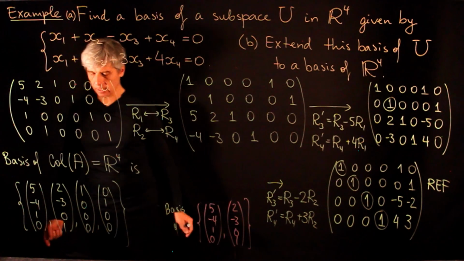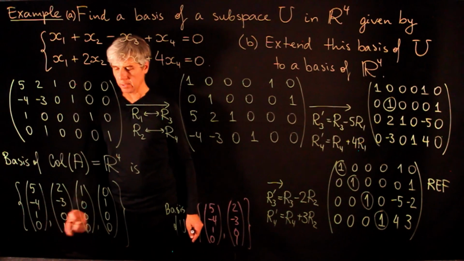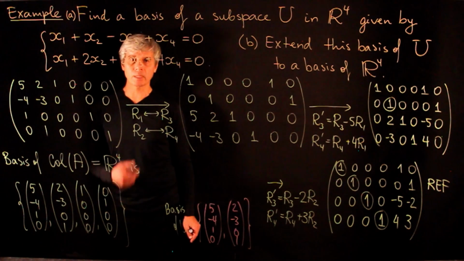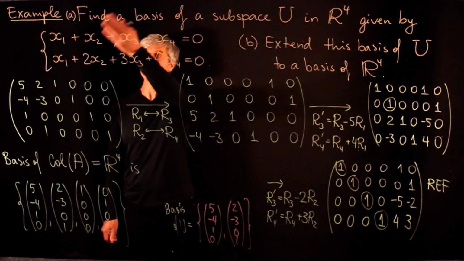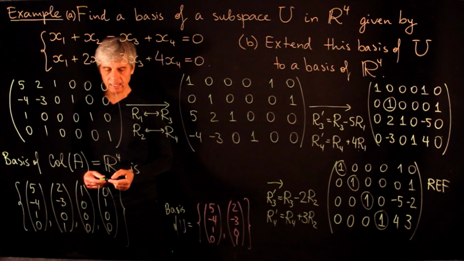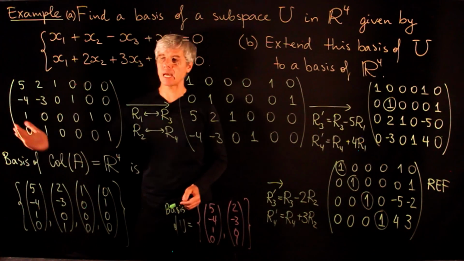So by adding these 2 vectors, we obtain the basis of R4 that extends the basis of U that we found in part A.